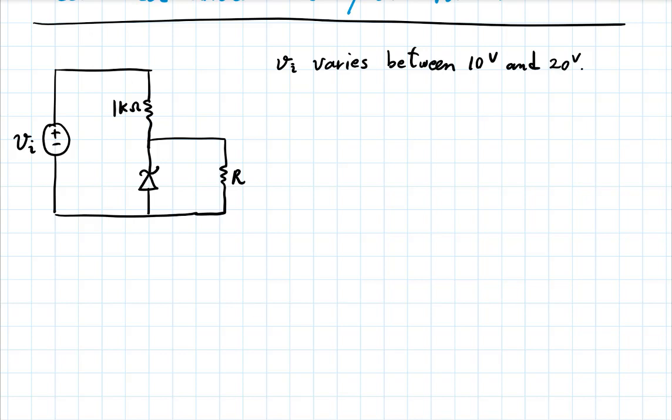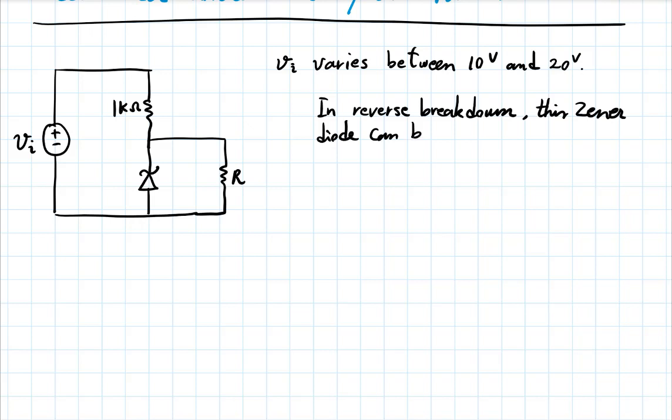The characteristics of the Zener are this. In the Zener mode, in the reverse breakdown mode, this Zener diode can be approximated by a VZ0 of 8 volts and an RZ of 20 ohms.